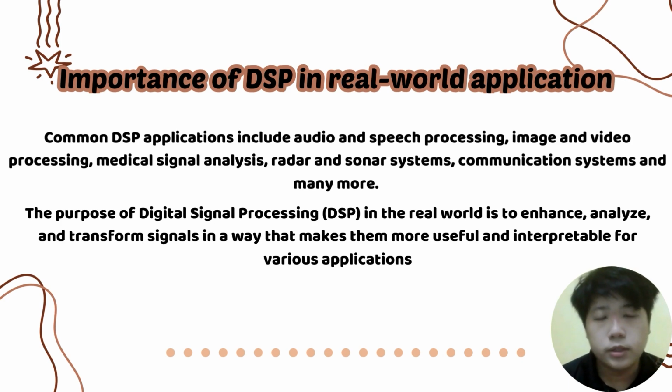Digital signal processing is very important to us because every day all the gadgets, all the phones, all the electronic systems use DSP as an application. The purpose of digital signal processing is to enhance, analyze, and transform signals in a way that makes them more useful and interpretable for various applications. So it's very important in our real life.